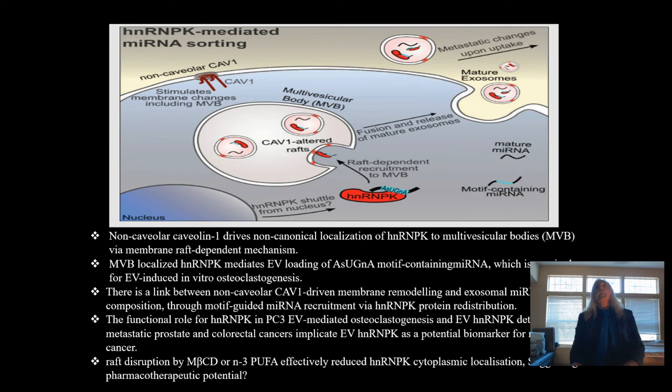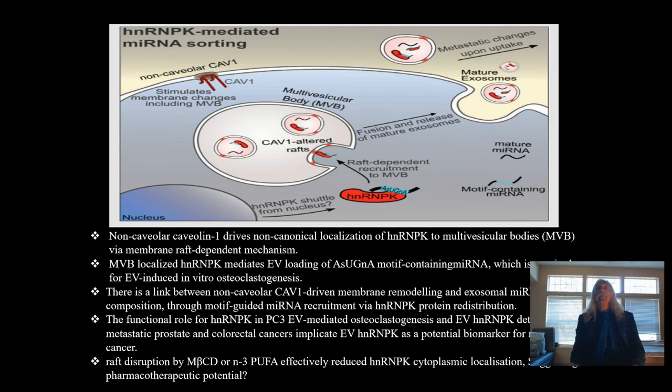So now this comes from the paper. And let's just take a look at it. You've got non-caveolar CAV1 protein. There's a caveolae that stimulates membrane changes, including these multivesicular bodies, they're called. So the multivesicular body then has CAV1 altered rafts.